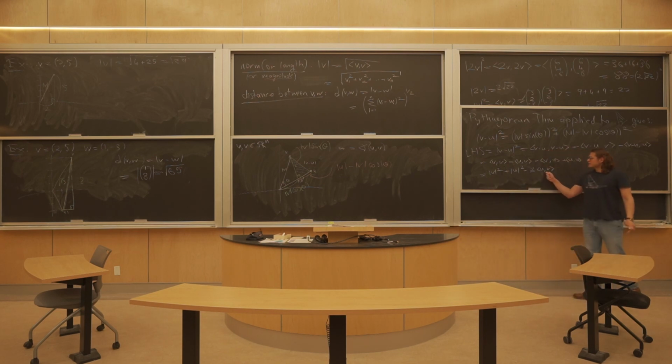And you see, from here we have this inner product of u and v. This I obtained by opening up this left-hand side. Now I need to do the same thing to the right-hand side.